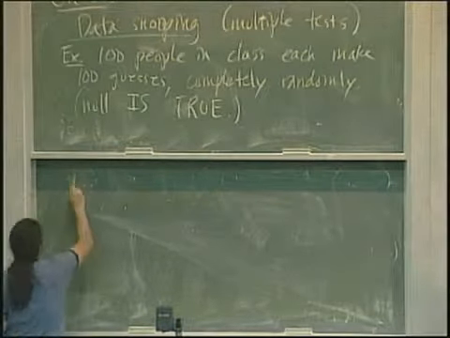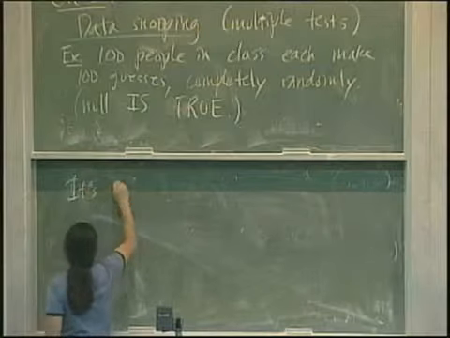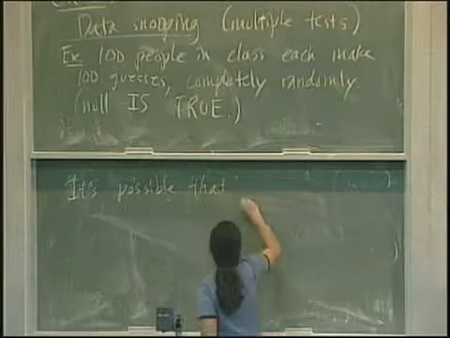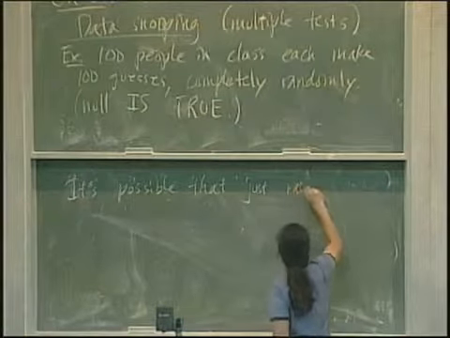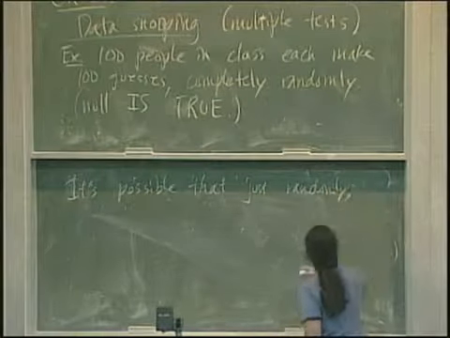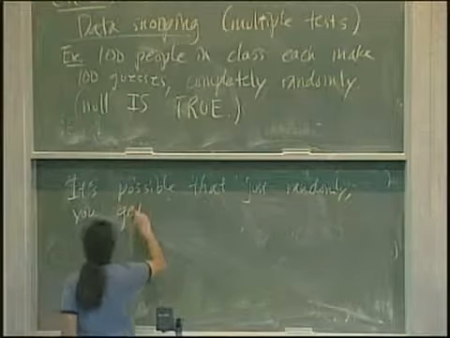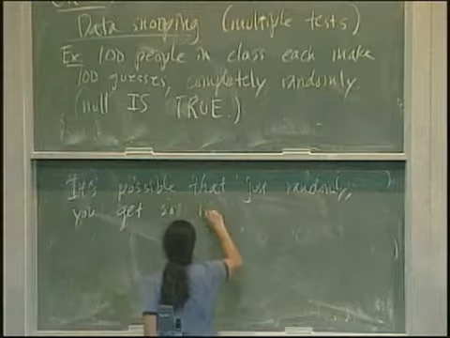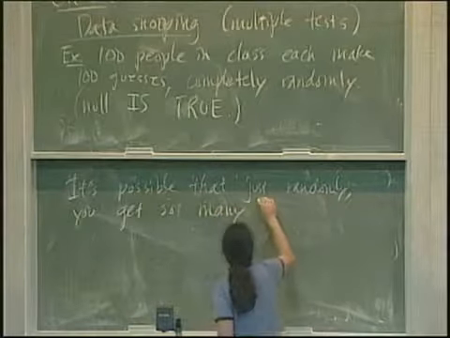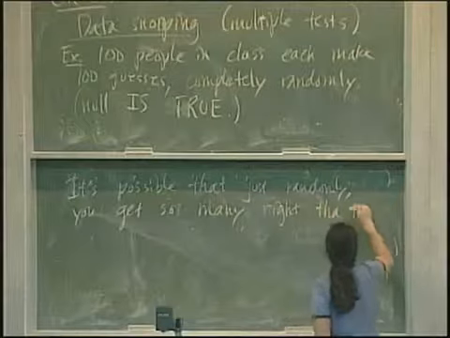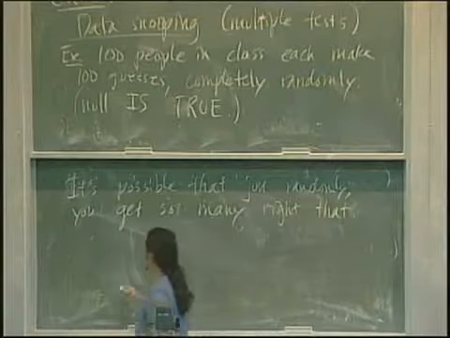So it's possible that just randomly you get so many right that you reject the null.